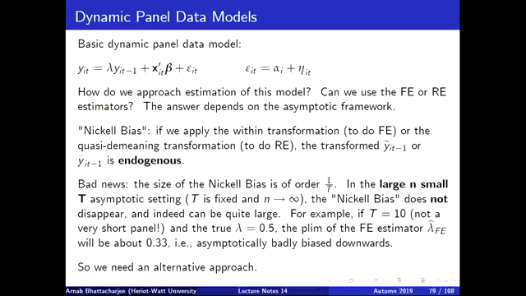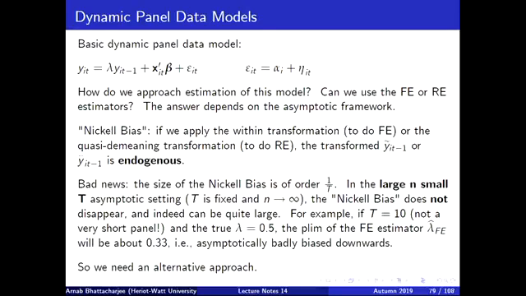What is that something else? What else can we do here? If we had this kind of structure, and we suspected that this alpha i may be correlated with the x's, what would you do? What are the transformations that we have learned?